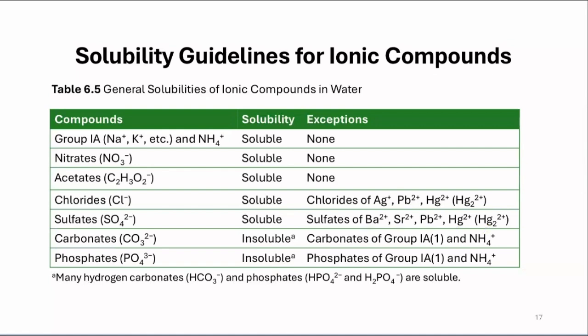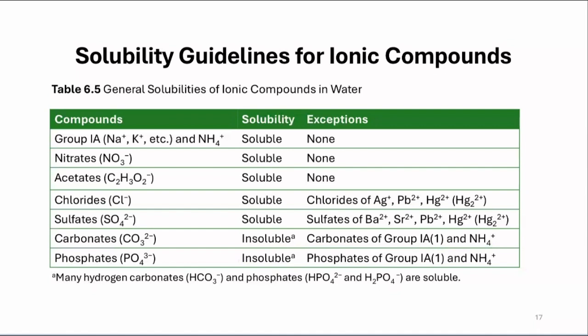Next, we have the carbonates. Carbonates tend to be insoluble in water, but there is a way to make carbonates soluble in water. That means if you have carbonates paired with anybody from 1A or ammonium, they become soluble. Lastly, we have phosphates. And phosphates tend to be insoluble in water.